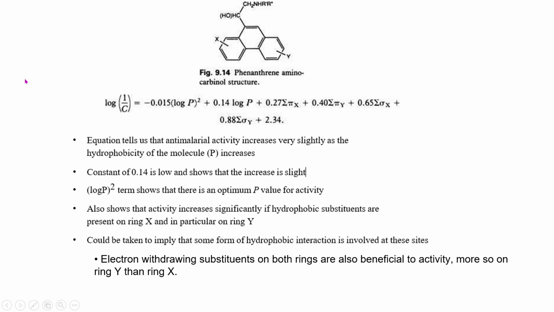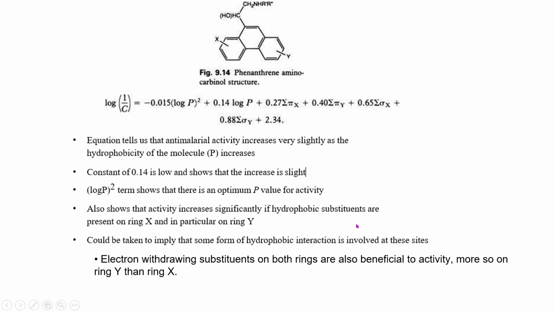This overall activity shows that activity increases significantly if hydrophobic substituents are present in the X ring. Suppose we substitute hydrophobic substituents at the position of X. So this X will increase the hydrophobicity of the molecule.